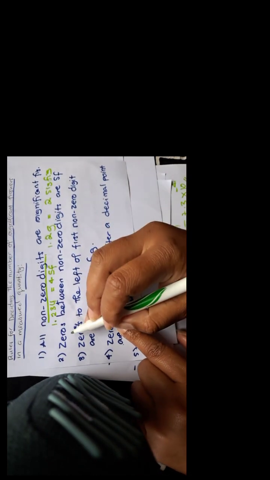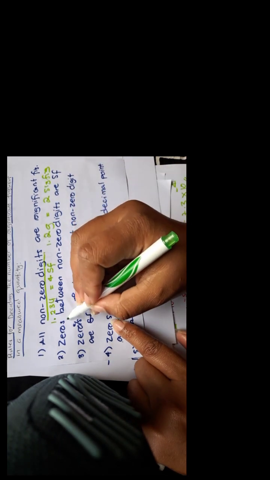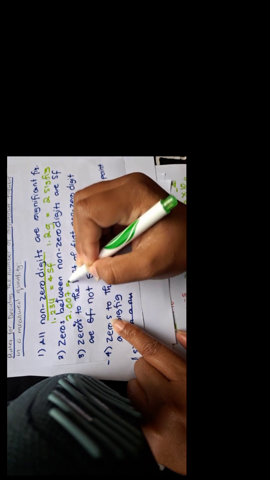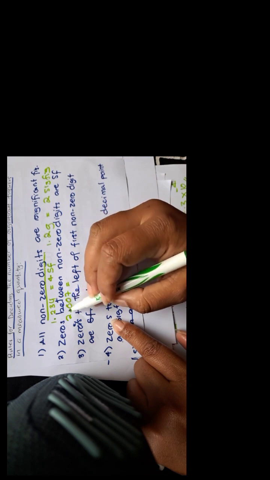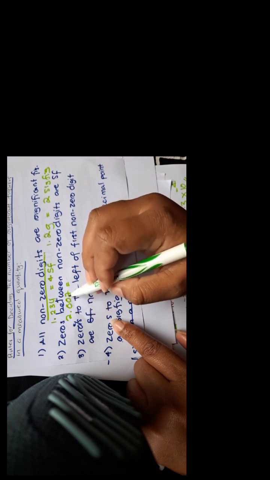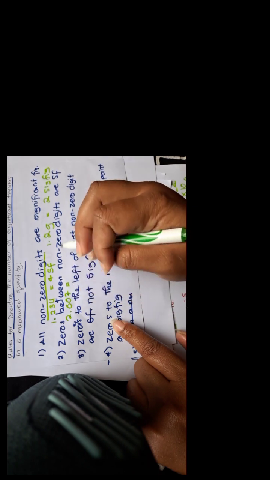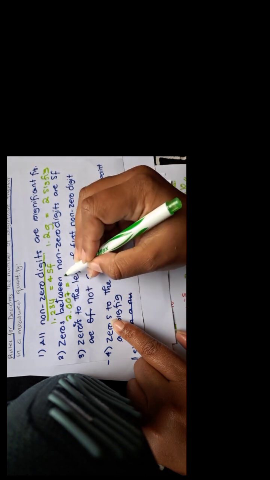The second rule says zeros between non-zero digits are sig fig. For example, we have 2.007. These are sandwich zeros, zeros between two non-zero digits, so they are significant figures. So we have 1, 2, 3, 4. We have 4 sig fig.